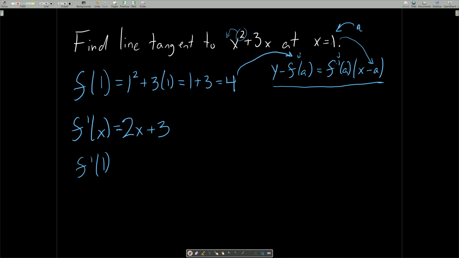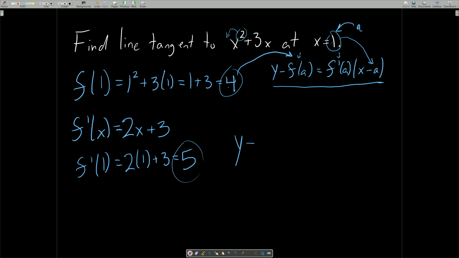We plug in our x value, 1, into the derivative function that we just found. So that's 2 plus 3, which will get you 5. Now you have all the parts you need to make the tangent line. So the last thing you do is you plug them all in.